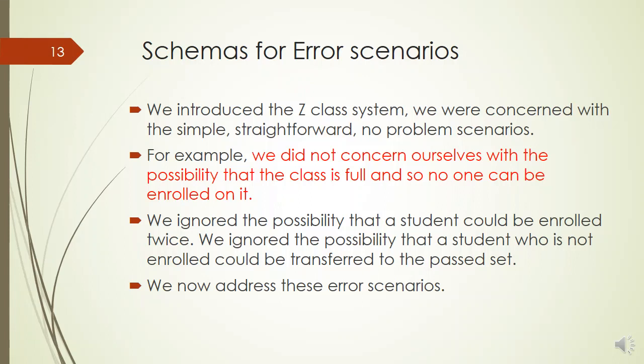So far in a class management system, we have modeled straightforward scenarios with no problems. We described schemas with the operations of success scenarios, and we did not consider the possibility that the class is full and no one can be enrolled on it, and we also ignored the possibility that a student could be enrolled twice, and we ignored the possibility that a student who is not enrolled could be transferred to the pass set.